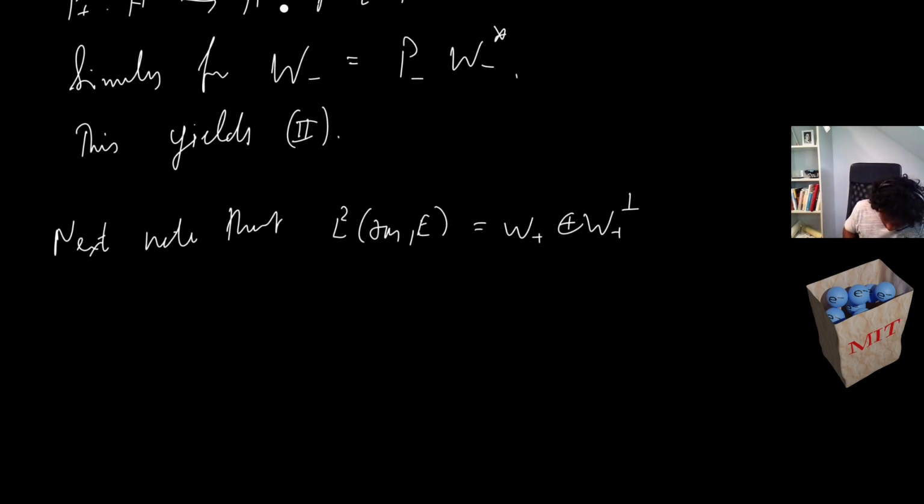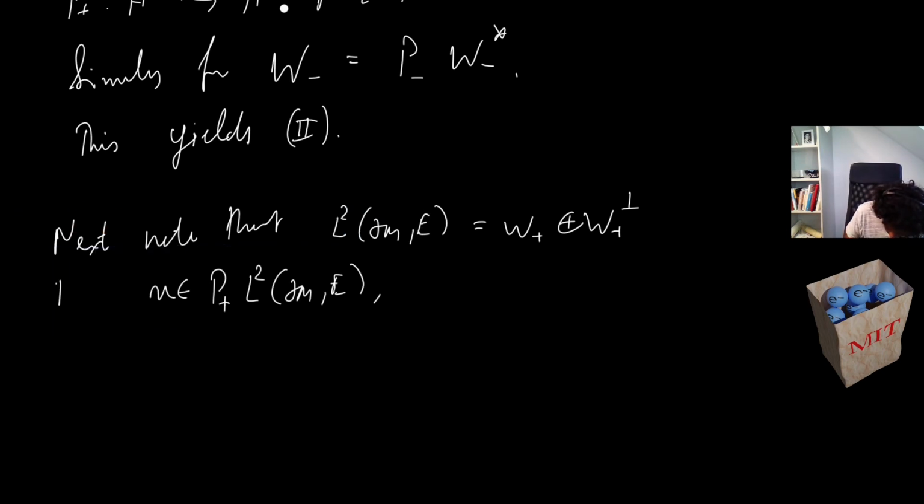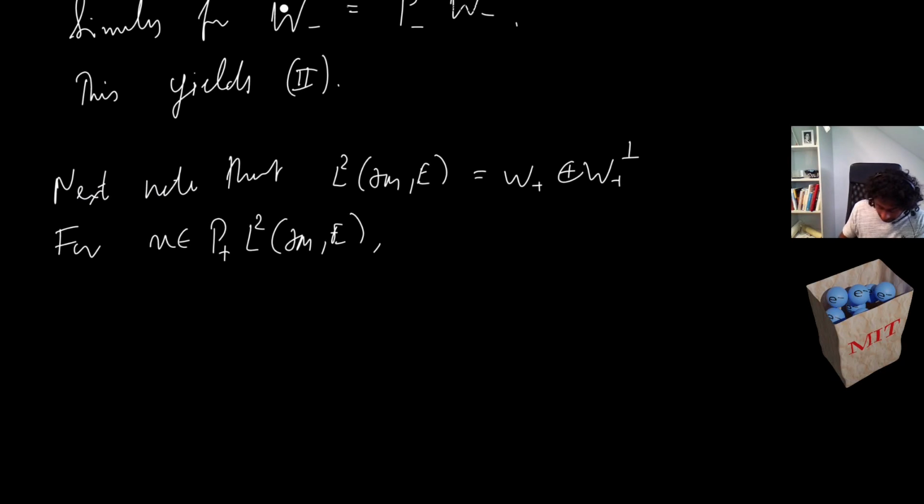So now, for point 4, for U in P plus L2 ∂ME, we can write this along with this projector, right? So we can write W plus perp U plus W plus perp W plus of U.